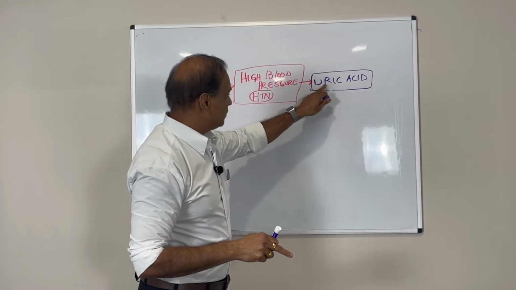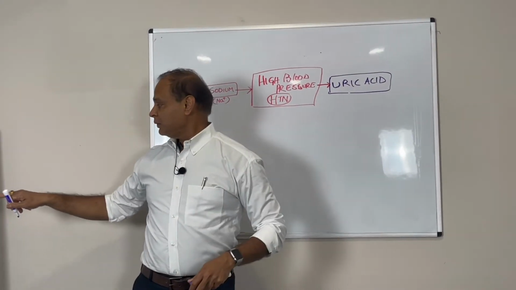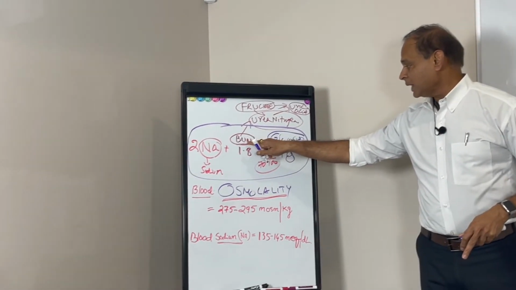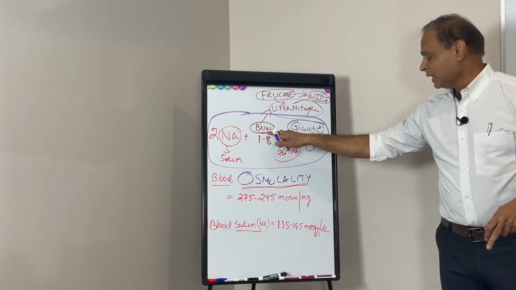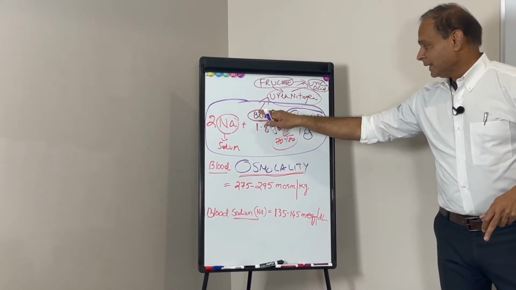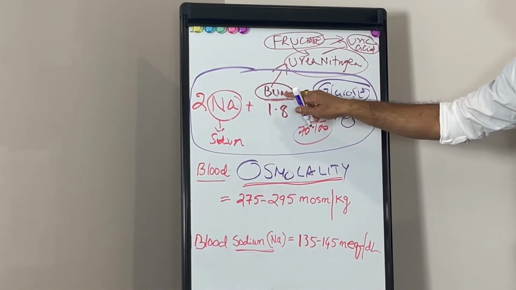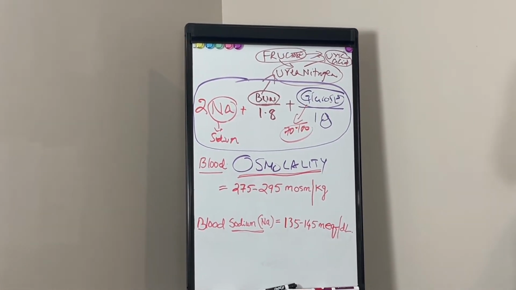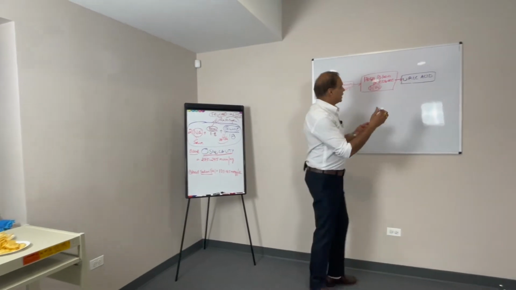If you see the name uric acid, and here blood urea nitrogen, urea, uric acid, nitrogen, they all categorically belong to the same thing, urea, nitrogen. That is one of the other determinants that increases the blood pressure.